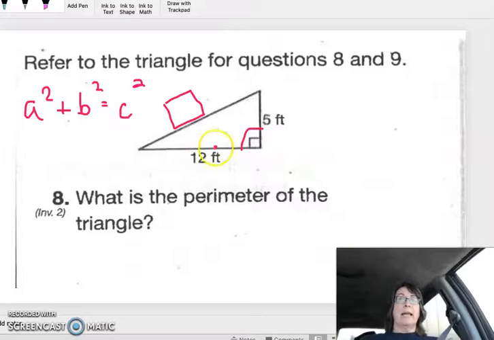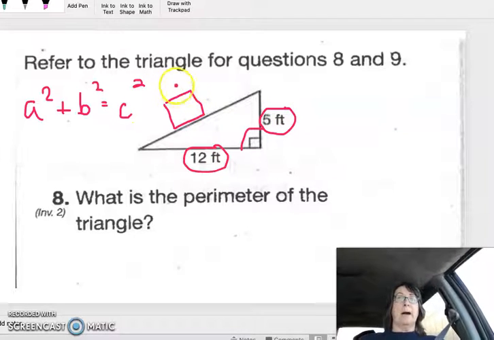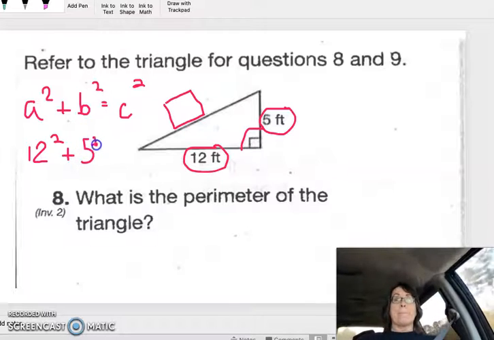Okay, so the legs are the A and the B, and the C is the hypotenuse over here. The hypotenuse is always the longest side opposite the right angle. So a squared, we could use 12 here. 12 squared plus 5 squared equals c squared.